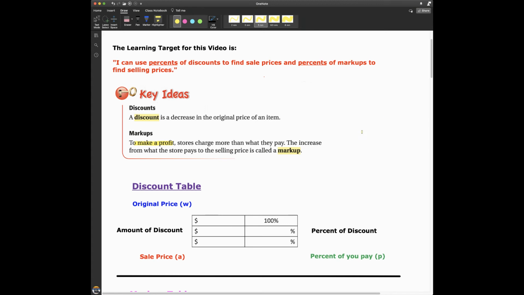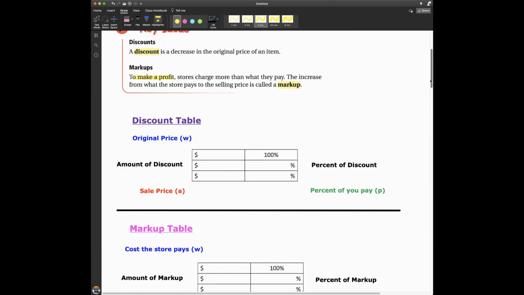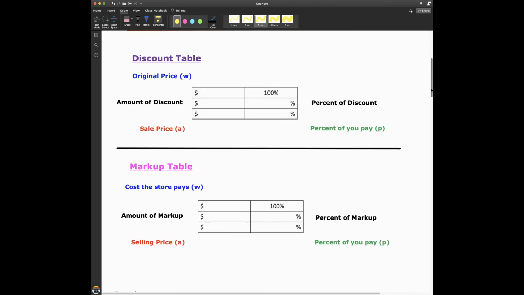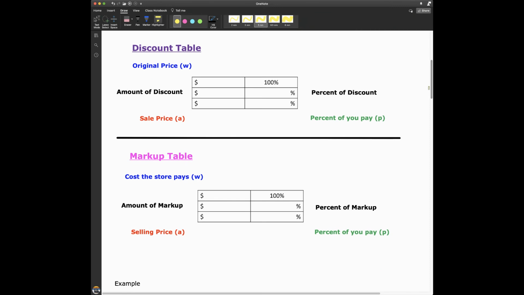All right, we're back. So I want to show you guys a tool that I use when I am calculating discounts and markups. I just call them discount markup tables. I don't know if there's an official name. You could Google discount markup tables and see what happens. But that's what I call them.